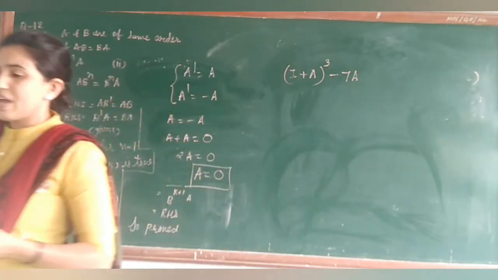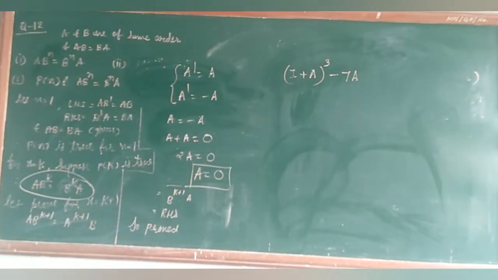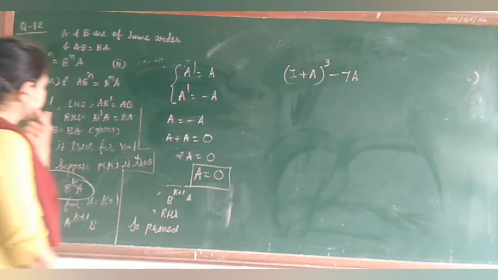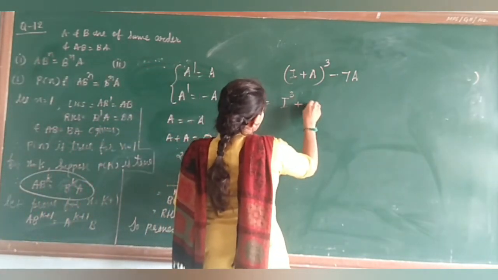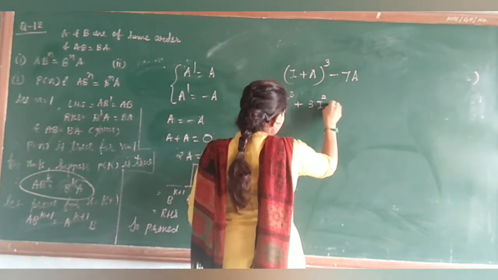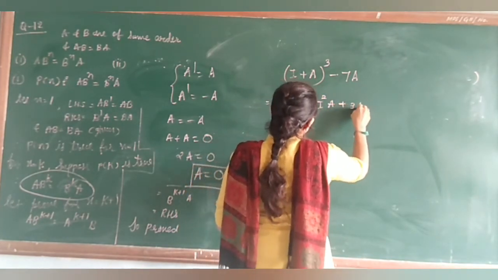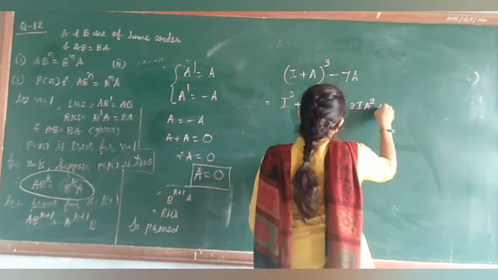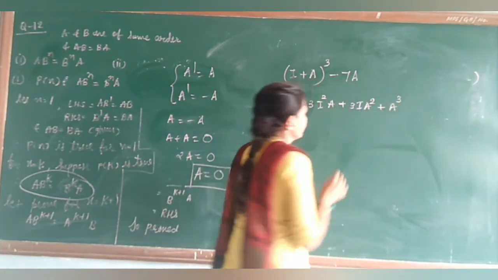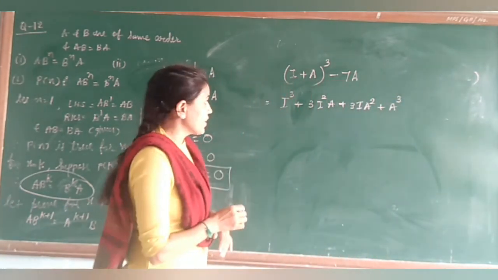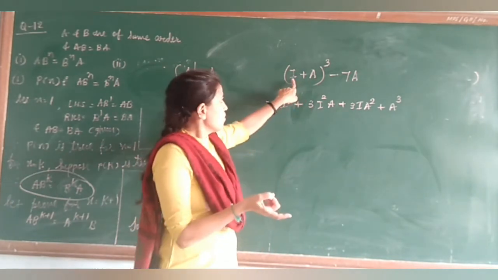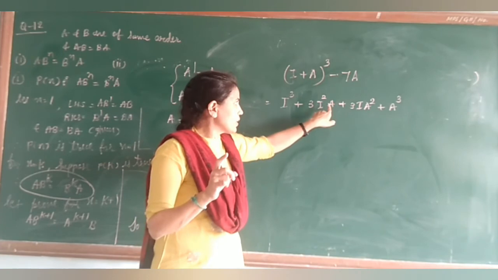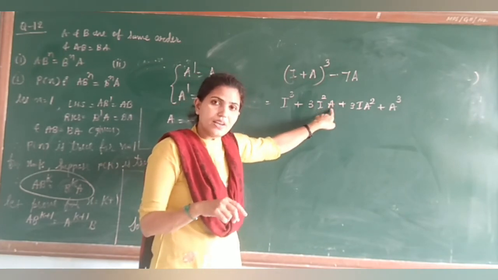So first apply the identity for A plus B whole cube. You have A cube plus 3A square B plus 3AB square plus B cube. So this identity you have, and students, when you are writing, don't change the order. First is I, so you have to write I first and then A.